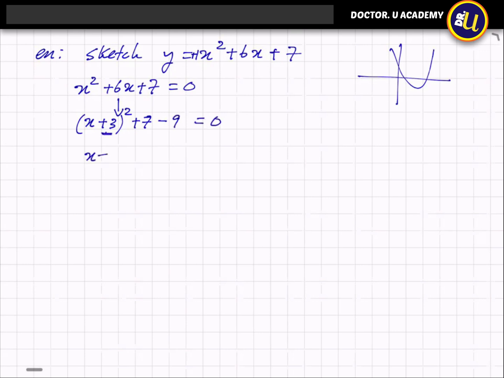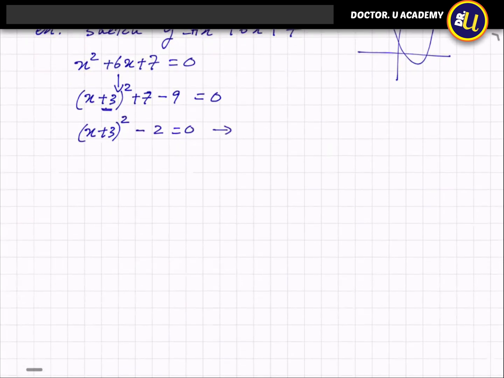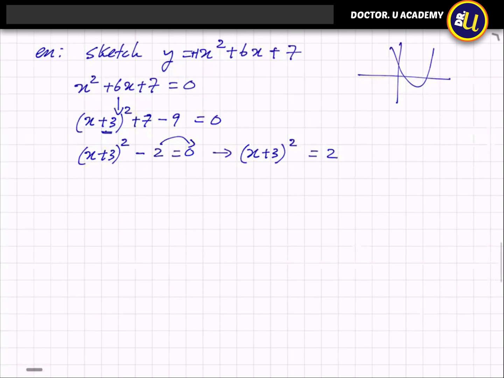So you get (x plus 3) squared minus 2 is equal to 0. Now you bring this one to the other side. So (x plus 3) squared is equal to 2. Then x plus 3 would be the square root of 2, but you have to put plus and minus. So now the x values would be -3 plus square root 2 and -3 minus square root 2.